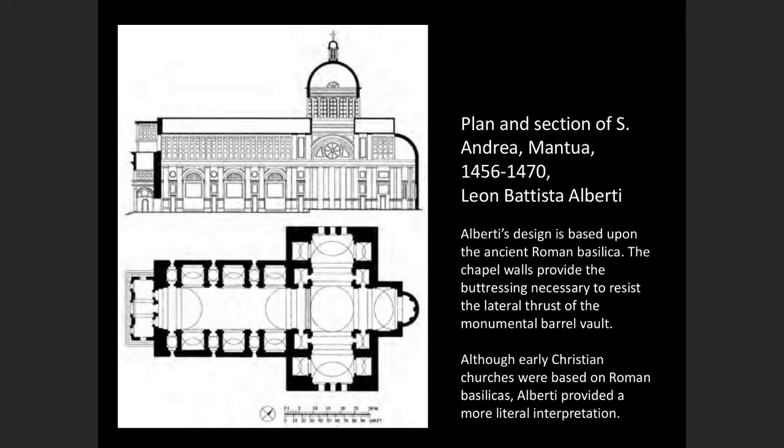Alberti goes back to a much more distinct plan and design of a true Roman basilica here. There still is the long nave with the altar and apse at the one end, and then a pretty distinct transept and crossing that we actually began to see more in Gothic architecture.